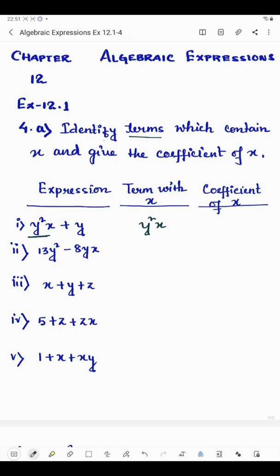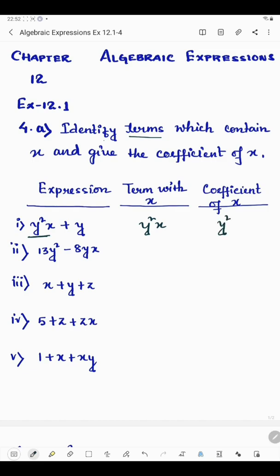Now here we will have to find the coefficient of x. Coefficient of x means excluding x, what is present with x. Here we will not take x. Why? Because we have to find the coefficient of x. So excluding x, what is there? It's y square. So the coefficient of x will be y square.